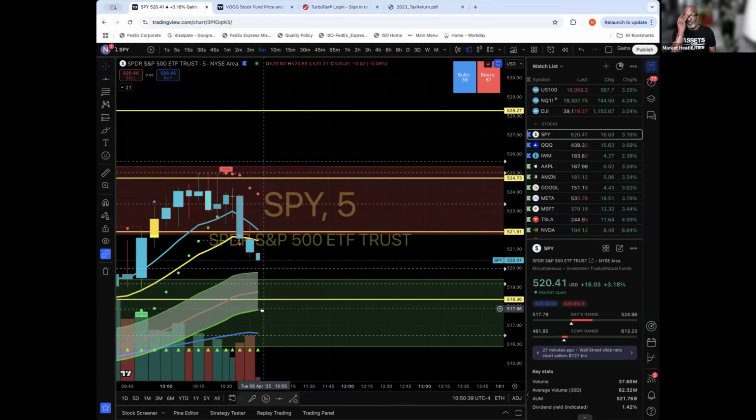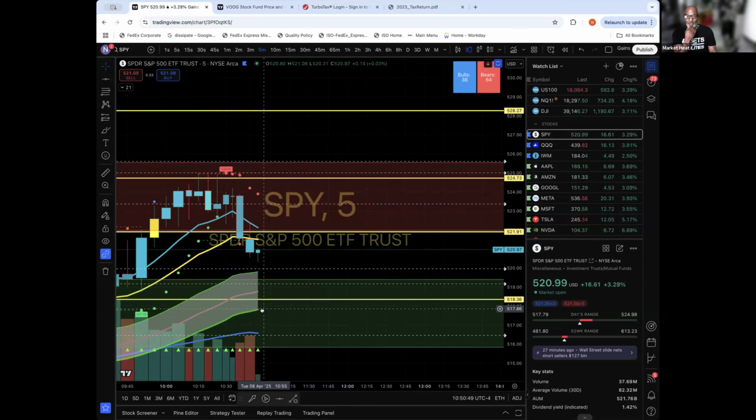How simple is this, guys? It literally doesn't get any more simple than this. So stop playing with me, Spy, and just go ahead and hit that 519.96. Stop playing.